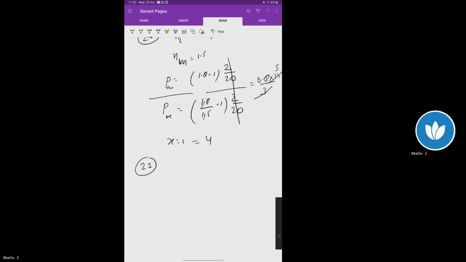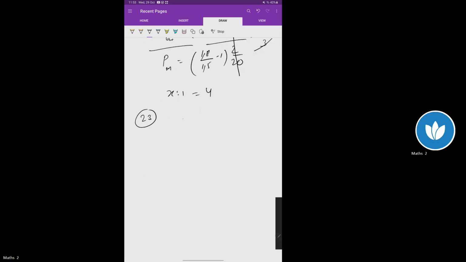23. In an experiment to measure the focal length of a convex lens, the magnitude of object distance x and image distance y are measured.